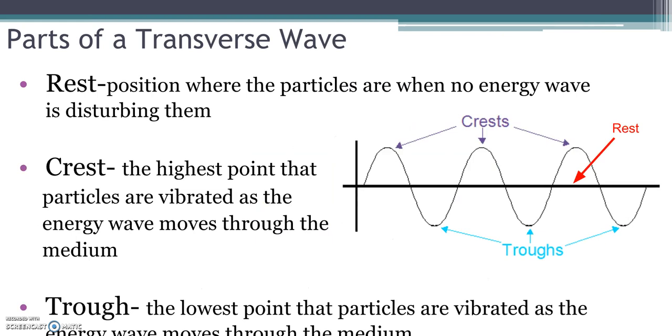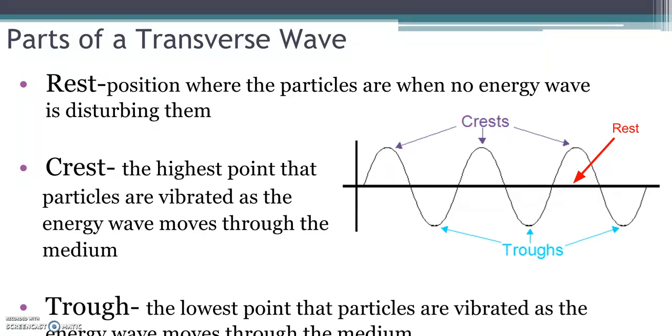All right, parts of a transverse wave. So rest, crest, and trough are the three things that you need to know. We've somewhat touched on these already, so I just want to wrap this up. Rest is the position where the particles are when no energy wave is disturbing them.